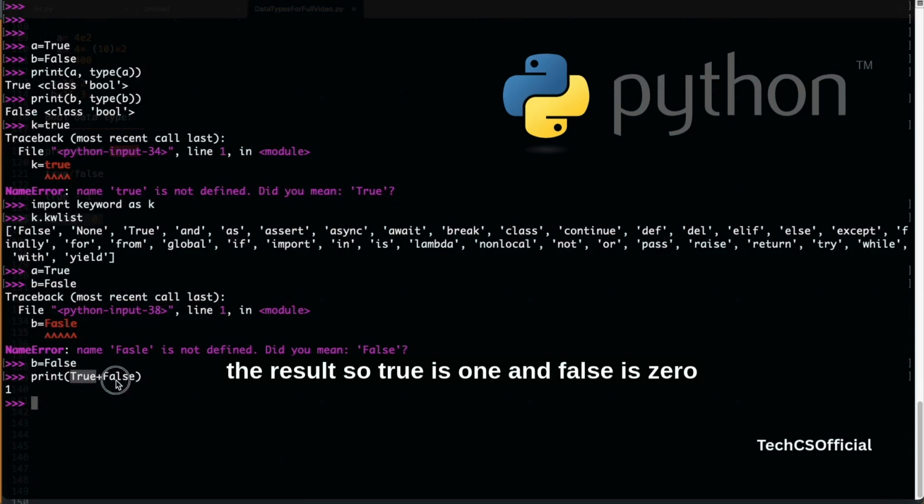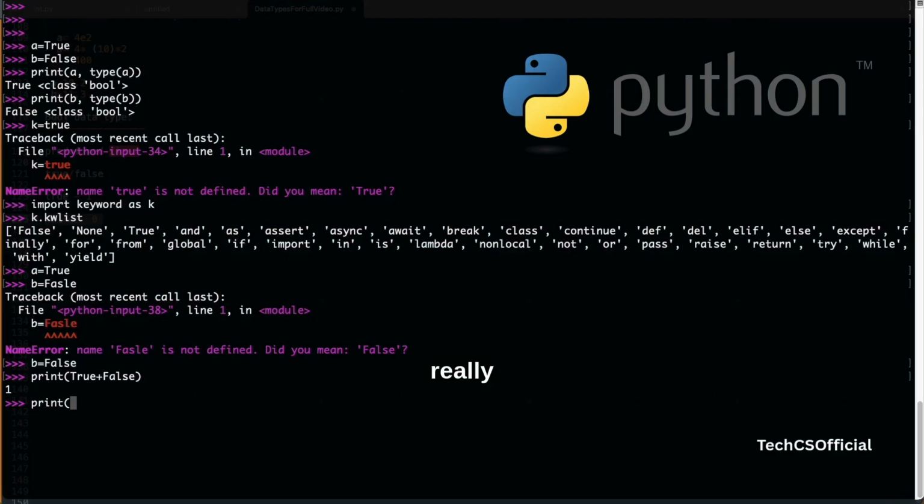So 1 plus 0 is 1. Don't miss this till the end, and you will really wonder about Python. True plus False plus True. What is the answer? 2. True is 1, plus 1, 2, and False is 0, so 2.